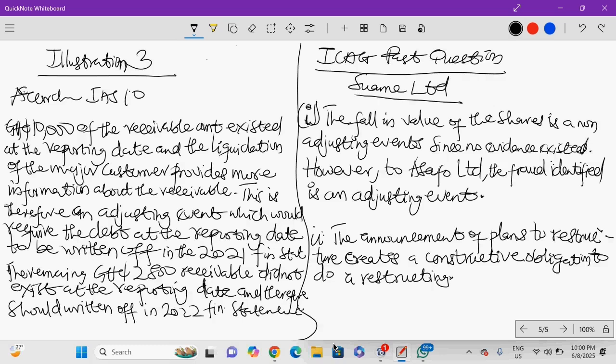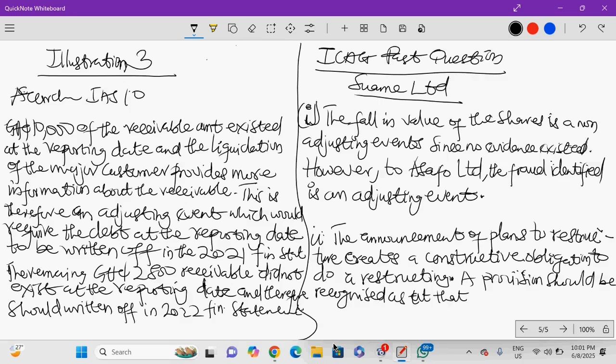So a provision should be recognized as at that date.